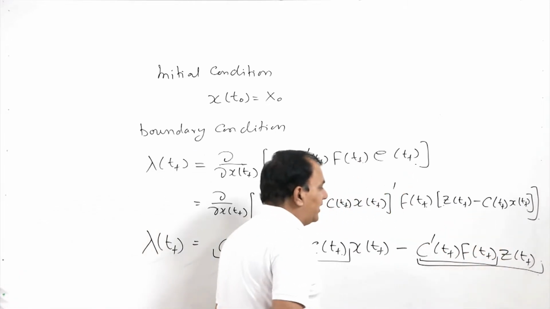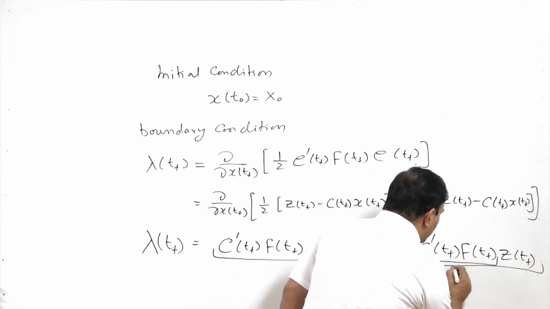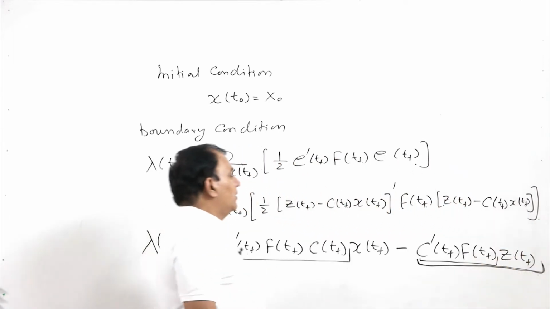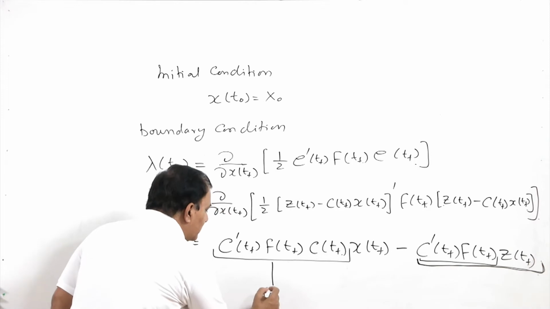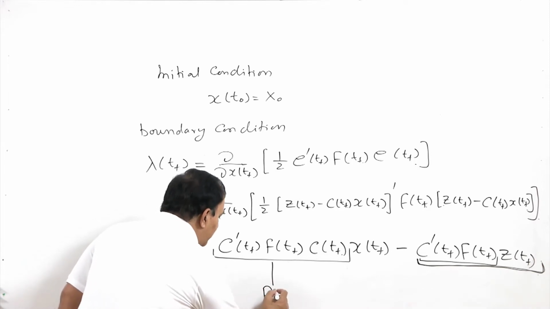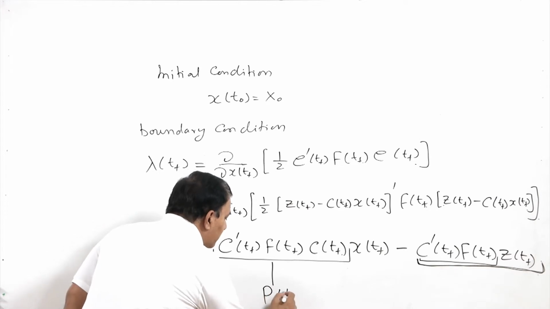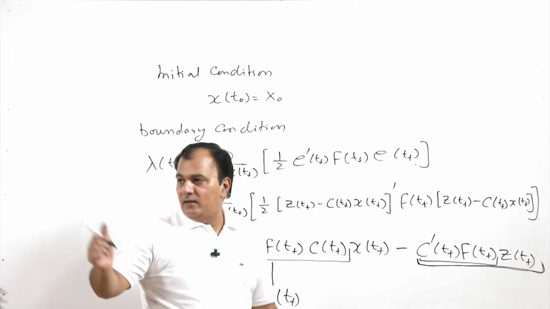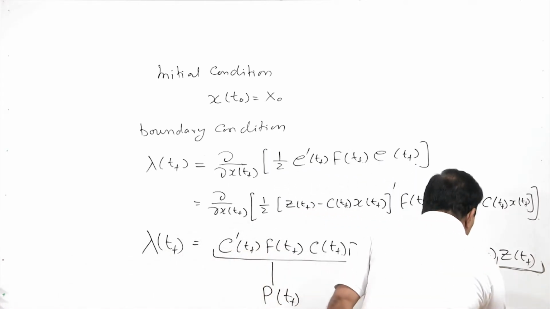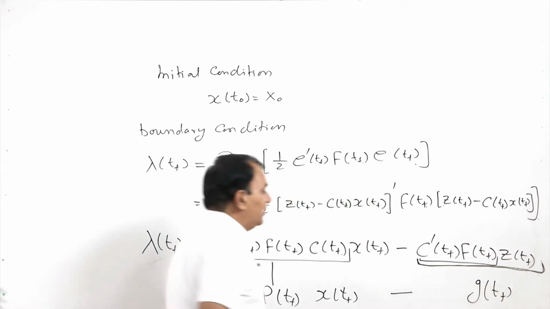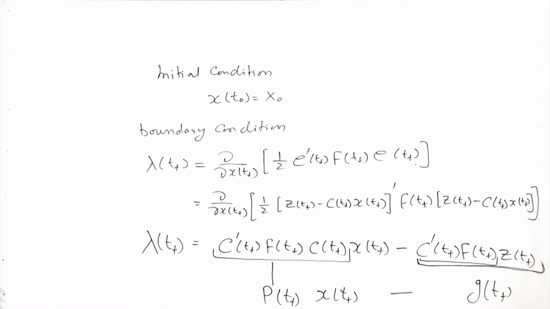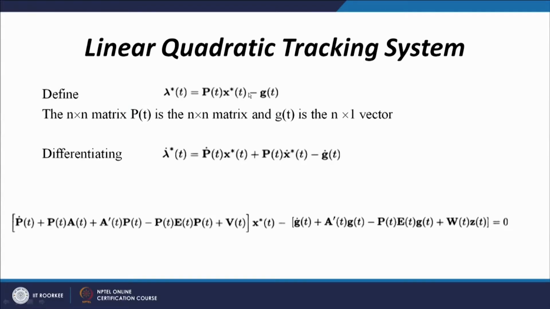If multiplied with this z T f, this whole term will be a vector. So, we are considering this as my P T f as per this, and this whole as G of T f. So, this P of T f x of T f minus this G, we are considering as my transformation from lambda to x.